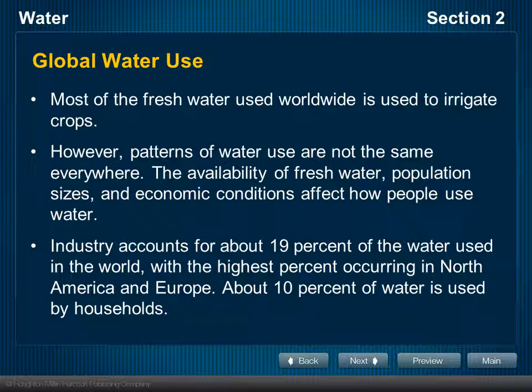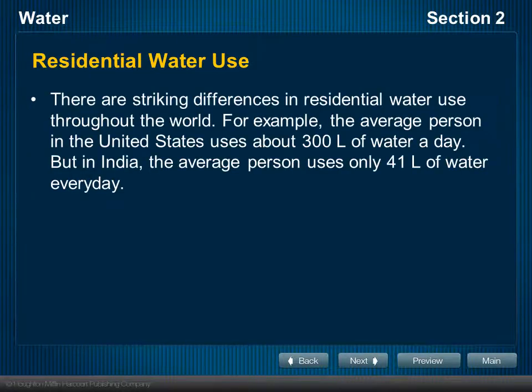So again, you have industrialized nations. They're going to have more industrialized work, manufacturing, and therefore they're going to use more water in that role. And then the remaining percent, around 10%, is used by households. So let's talk about residential water use.